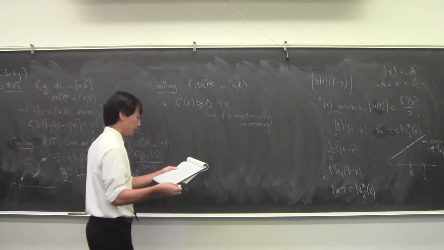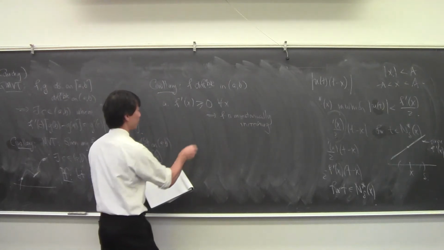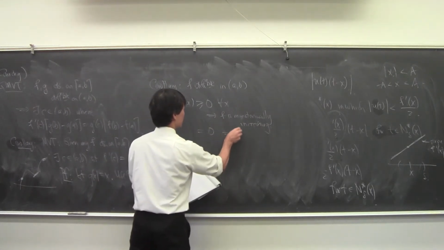If it's less than 0, you have monotonically decreasing, and if it's equal to 0, then f is constant.